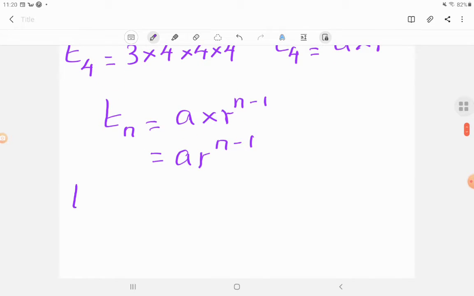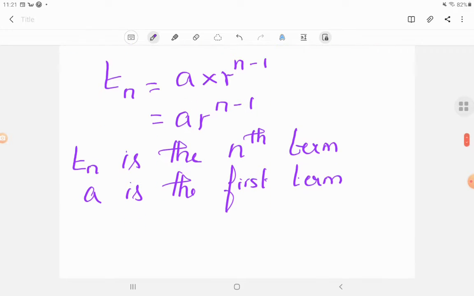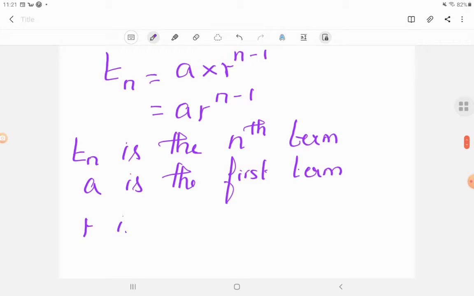So what is Tn here? Tn is the nth term. a is the first term. And r is the common ratio.